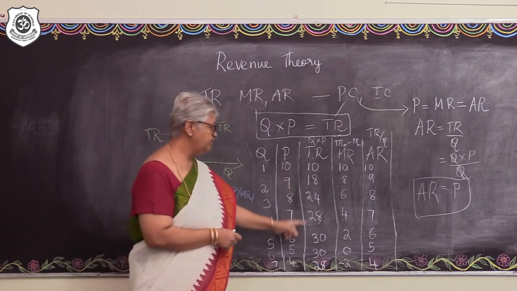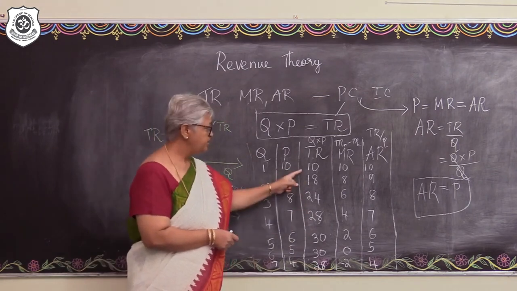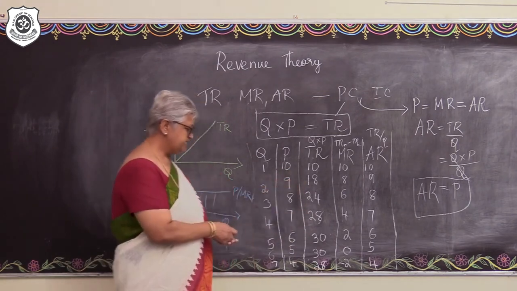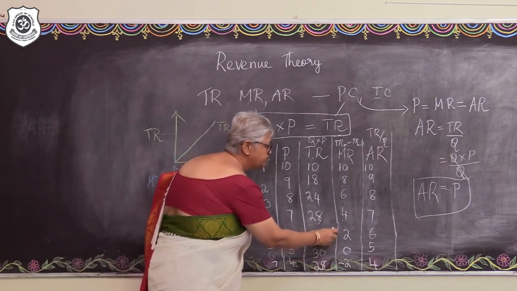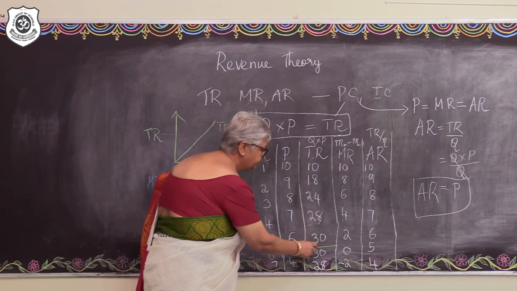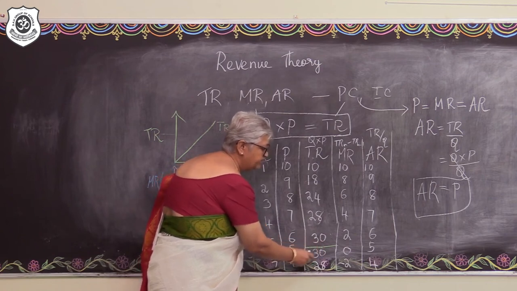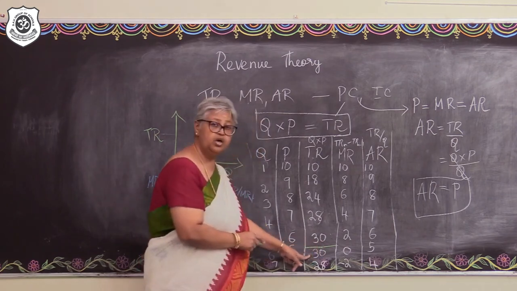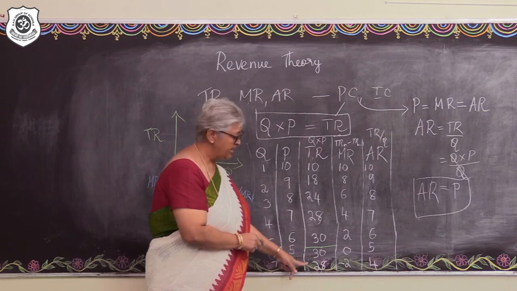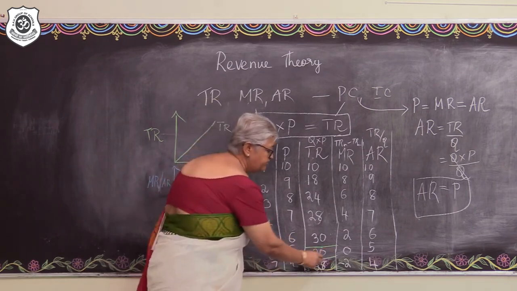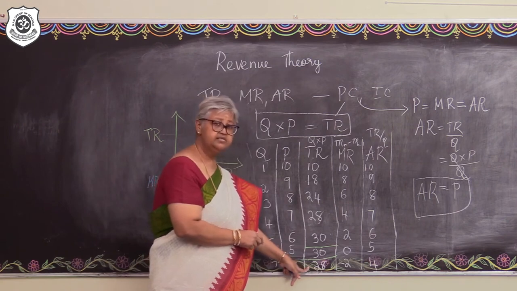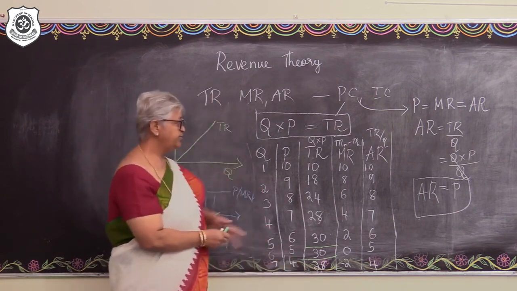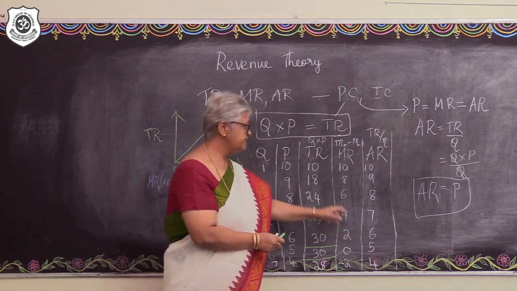Look at this third column. What do you understand here? Total revenue, till this particular level of output, it seems to be increasing, and then after that it becomes constant and maximum, and after that it falls. That is what is indicated through the behavior of marginal revenue, isn't it?